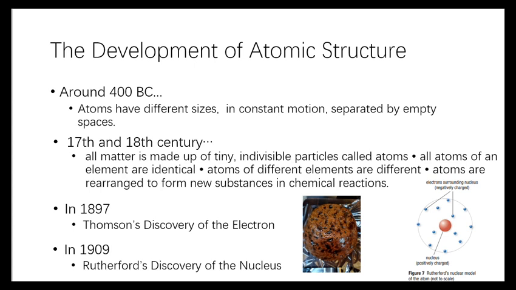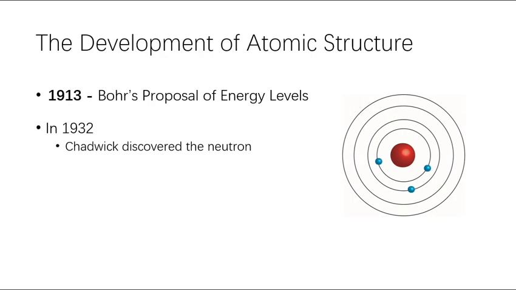He also suggested that the nucleus is surrounded by mostly empty space occupied by electrons, and this model of an atom is known as the nuclear model. These models set the stage for the later development of Bohr's model, which introduced fixed electron orbits, as well as the quantum mechanical model, which gives a more complex perspective of electron behavior.